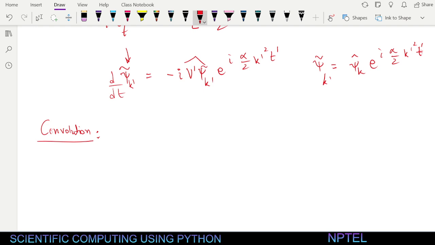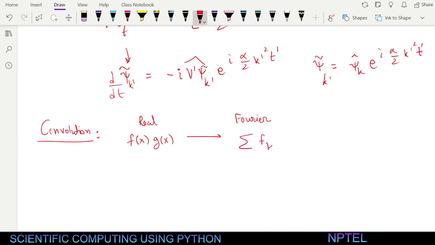So whenever you have multiplication of two numbers in real space, in Fourier space, you get a convolution. So what is convolution?